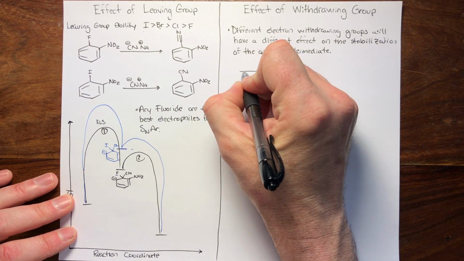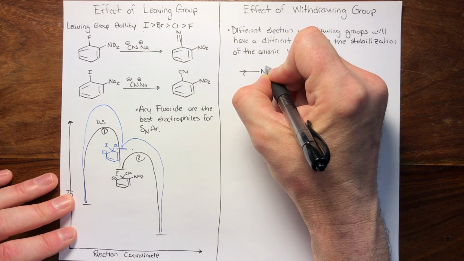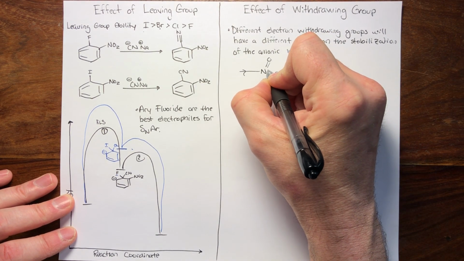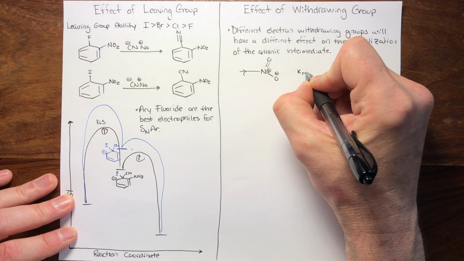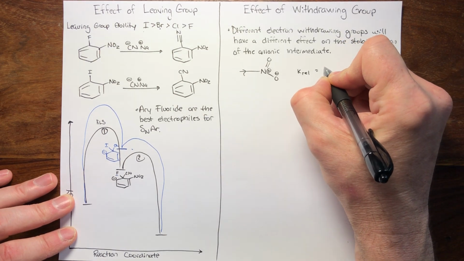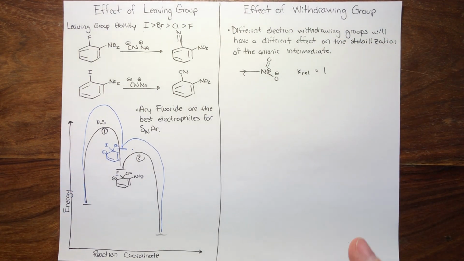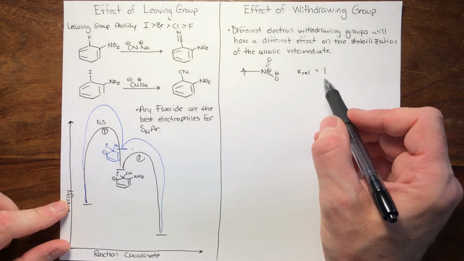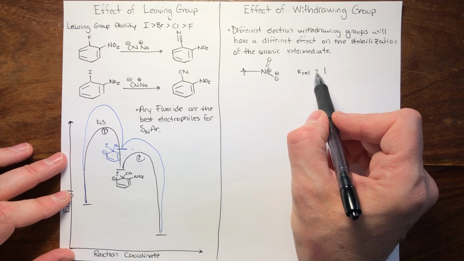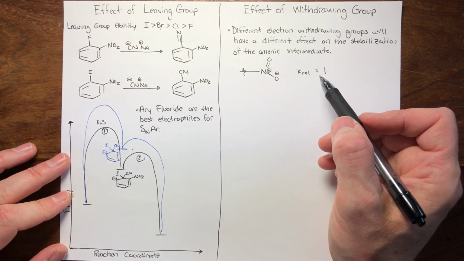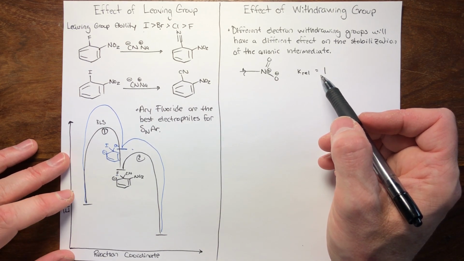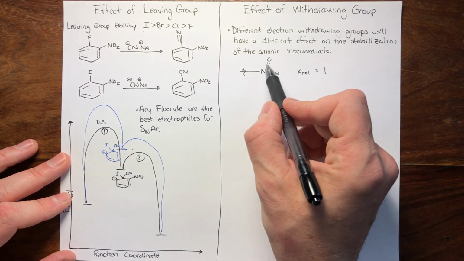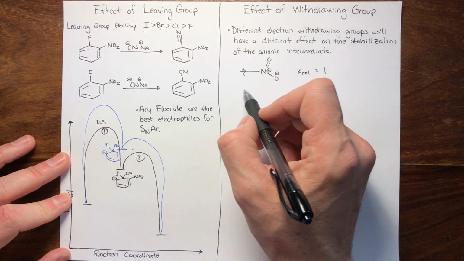And we're going to say that a nitro group has a KREL of 1. This is just going to be our standard group. We're just saying if the nitro group is 1, what are the rate constants of other electron withdrawing groups relative to that nitro group?